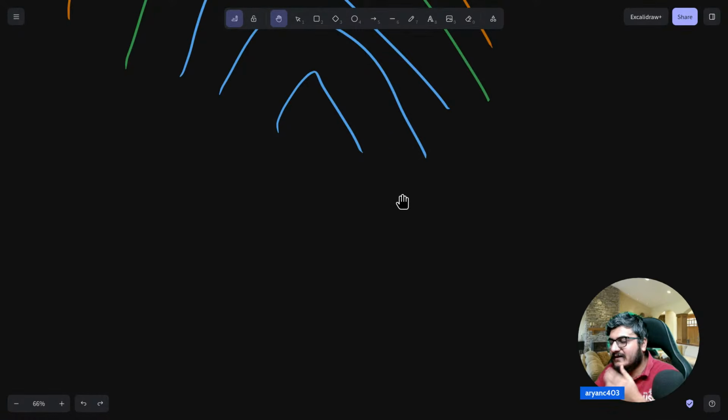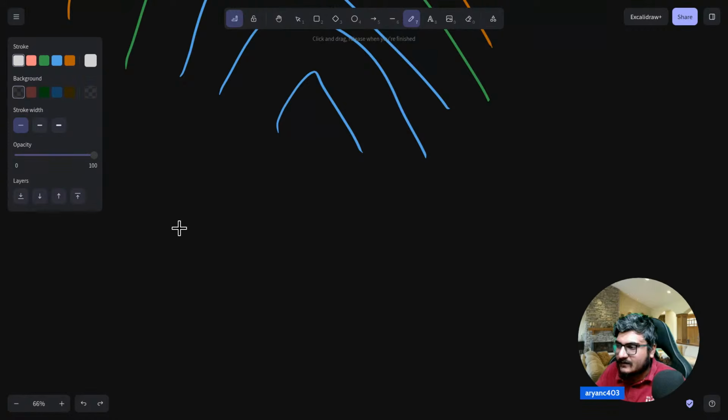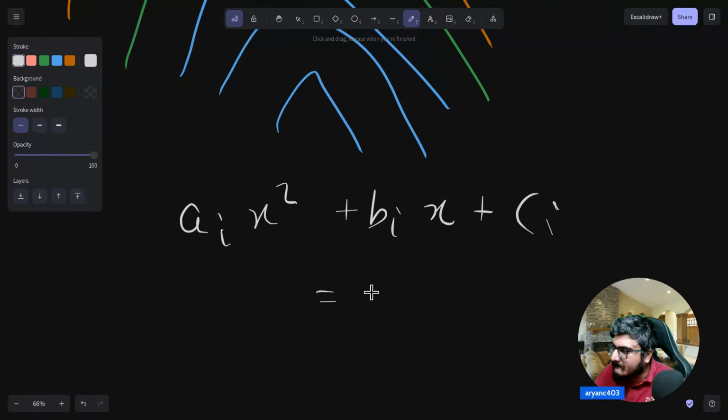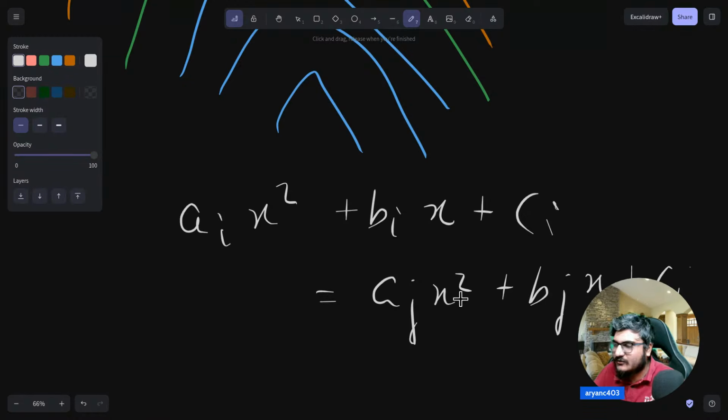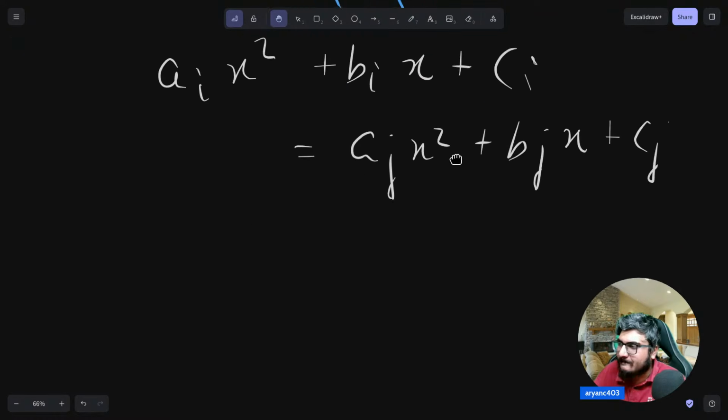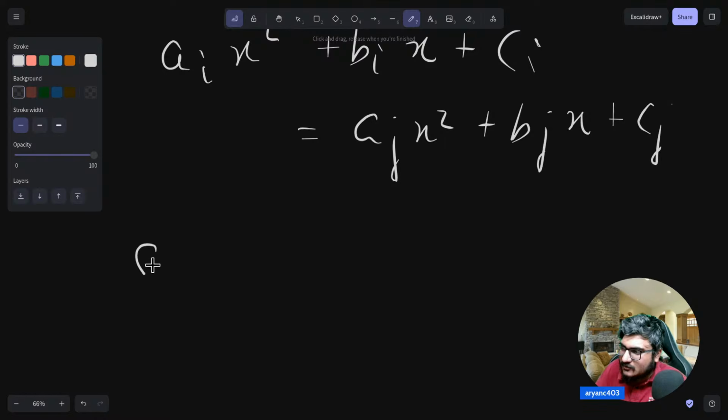Let's first figure out whether two parabolas intersect or not. We know that two parabolas will intersect when their equations are exactly equal for some element x. Now all we need to do is check whether there exists some x. Then you can rewrite it like this.